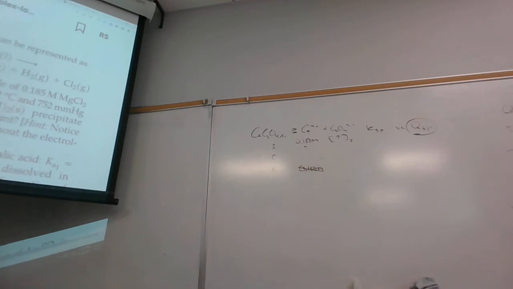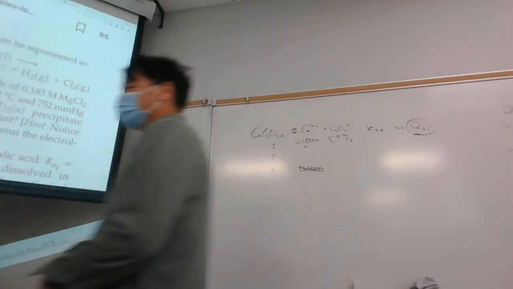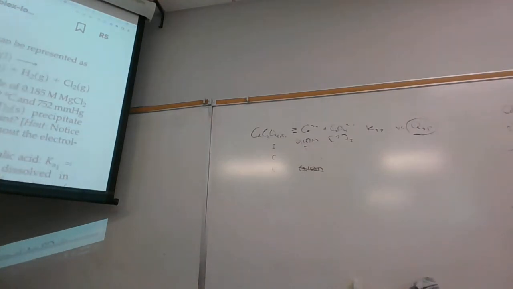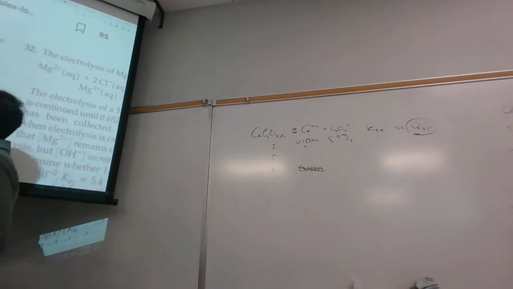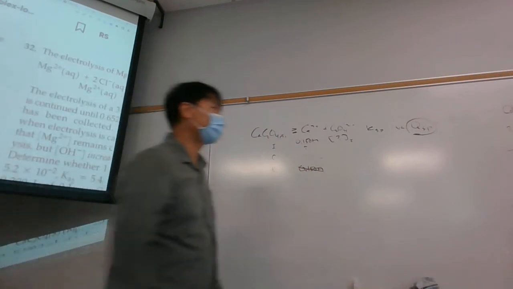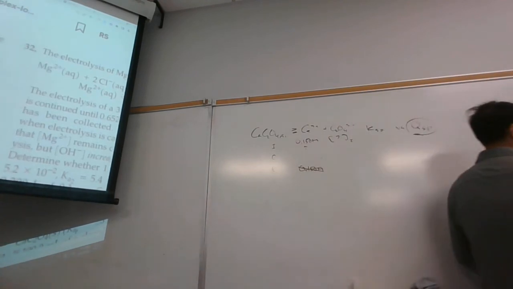And so we could have done KSPA here, but it becomes conceptually more difficult to see what's happening. Because what problem was that? The cadmium one? Here it is. So we want it to stay at 0.0055 molar.